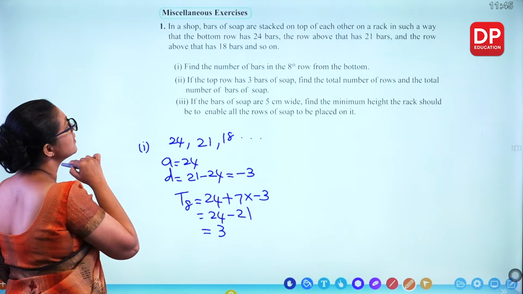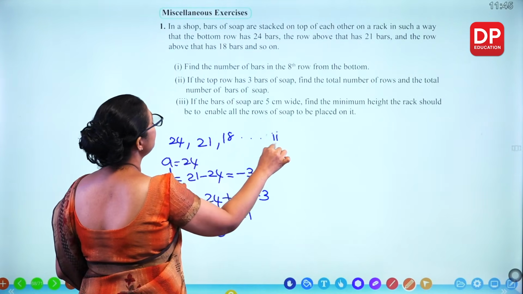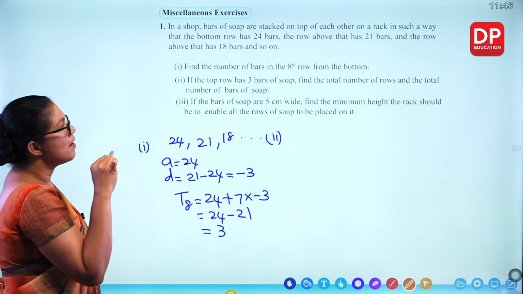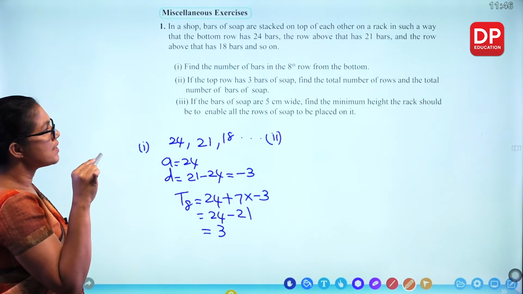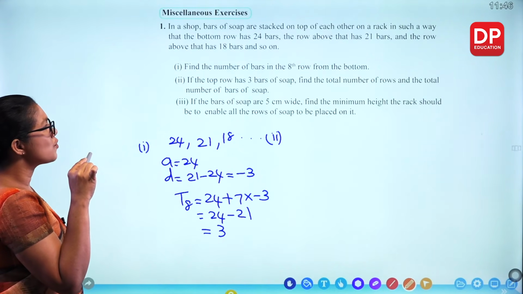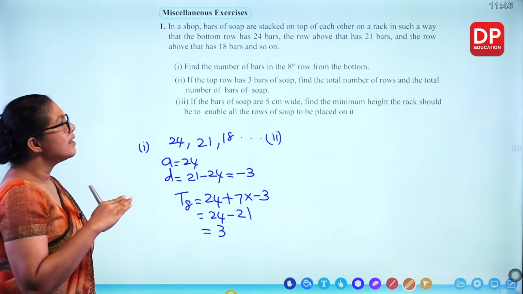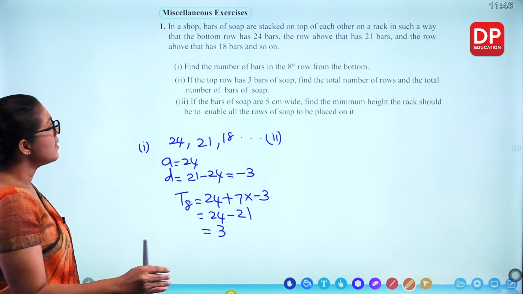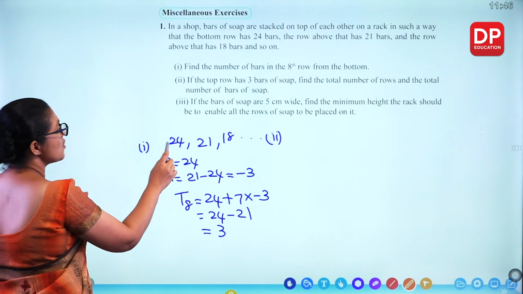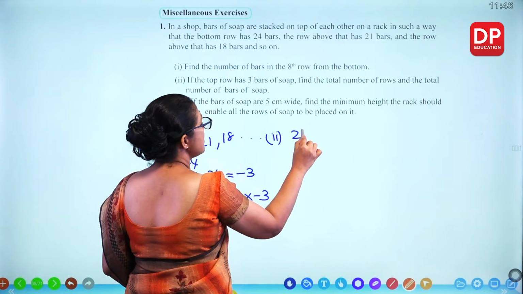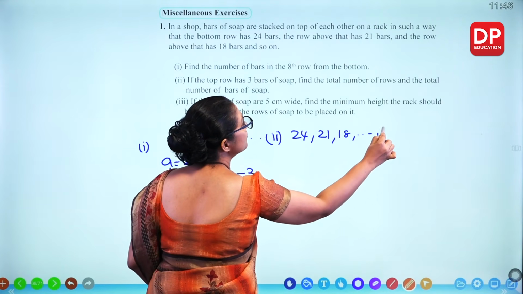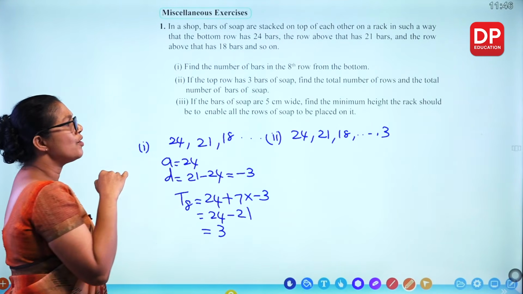That's the first part. Second part, if the top row has 3 bars of soap, find the total number of rows and the total number of bars of soap. So here, starting from 3, and the last one is this one. So here this is the sequence given. Last row 3 bars.